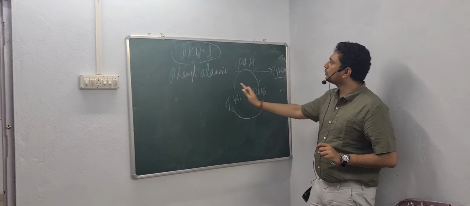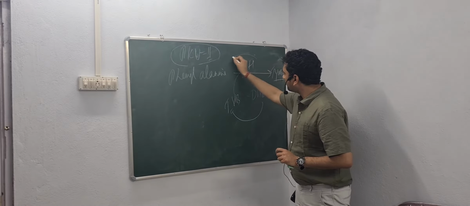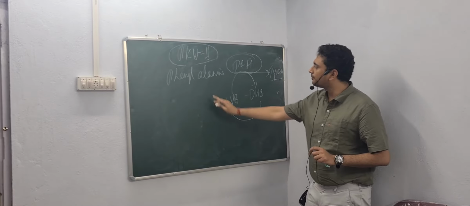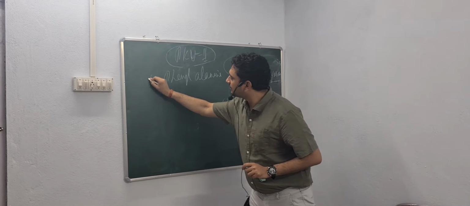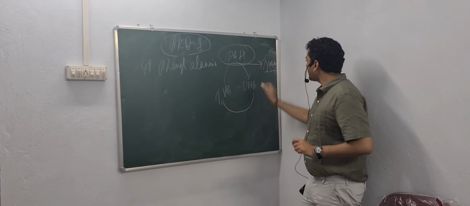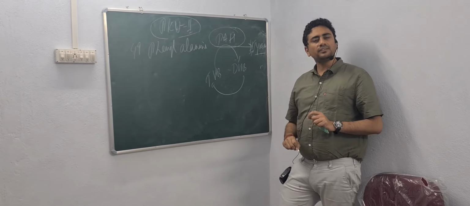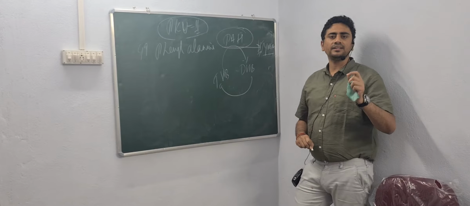If there is classical phenylketonuria, what will happen? There will be deficiency of the enzyme phenylalanine hydroxylase, which converts phenylalanine into tyrosine. So phenylalanine level in blood will increase and tyrosine level will be reduced, and obviously due to the increased level of phenylalanine in blood, there will be different signs and symptoms.